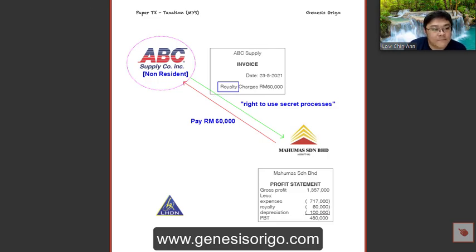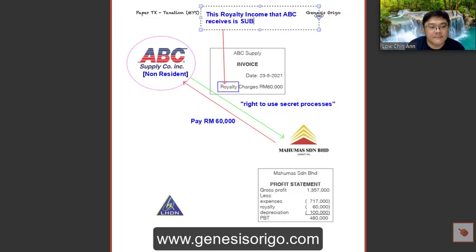Now, part of what we're going to learn later: if I'm telling you that this royalty income, because ABC is receiving it as income, that this royalty income that ABC receives is subject to Malaysian tax.